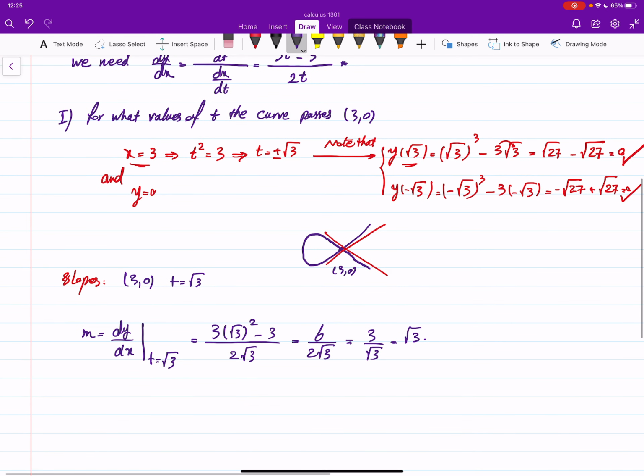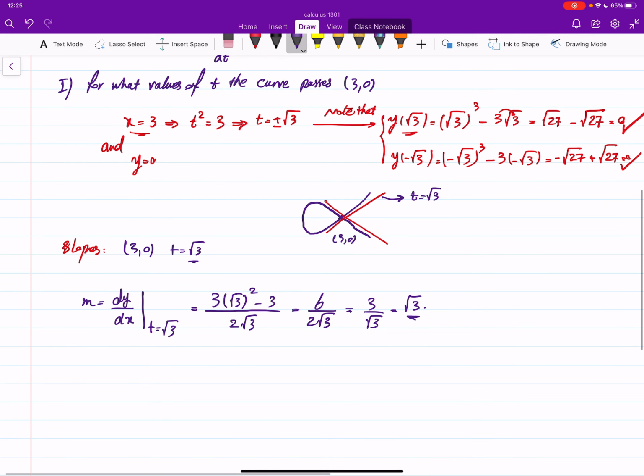So one of these is going to give us a positive slope, so most probably this is going to be that one. And it is just a coincidence that the slope is exactly equal to the value of t at that point. Well, if I have the slope and I have the point, then y minus y0 equals m times x minus x0.